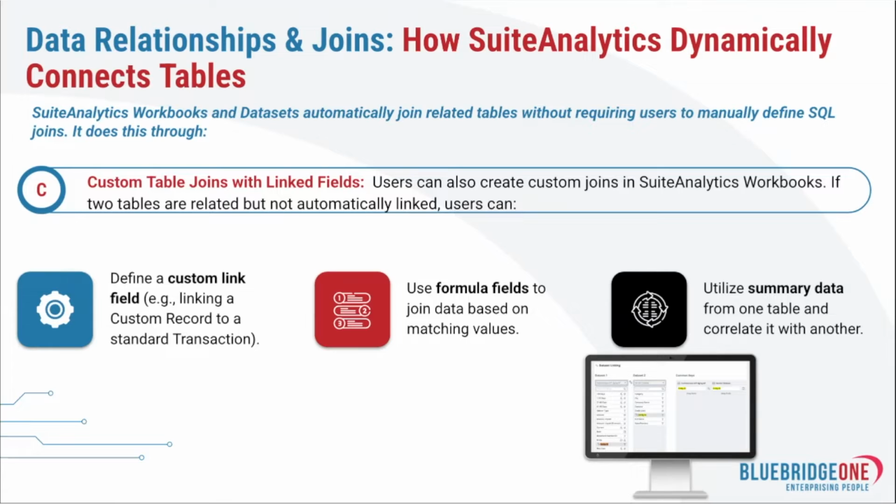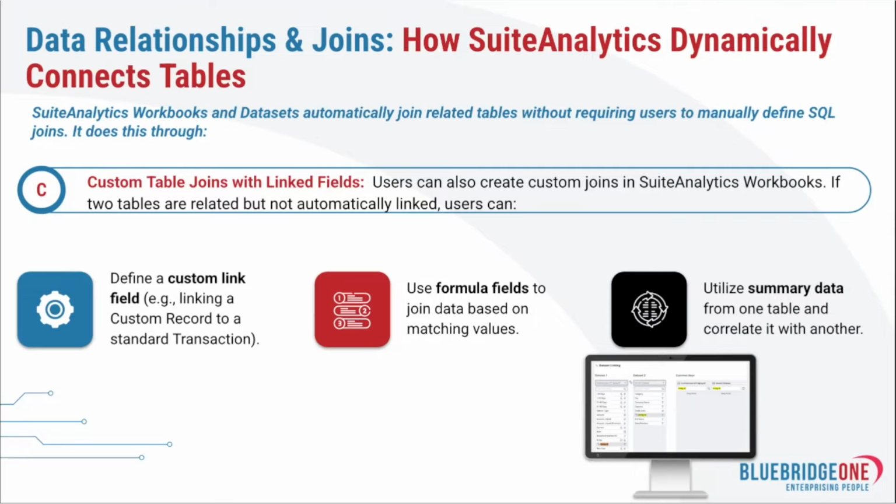Link fields across different record types. Now, users can choose fields that establish relationships between two different record types, allowing for advanced cross-record analysis. This flexibility enables users to build more complex reports that require linking unrelated or custom fields.